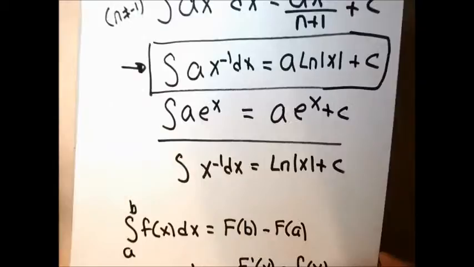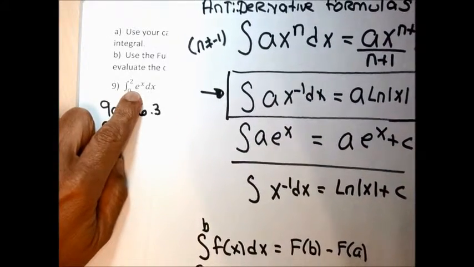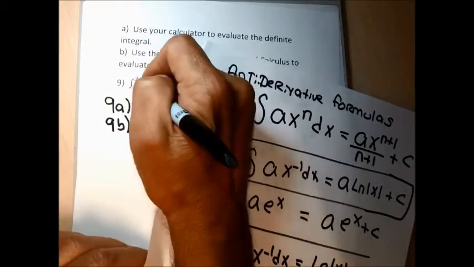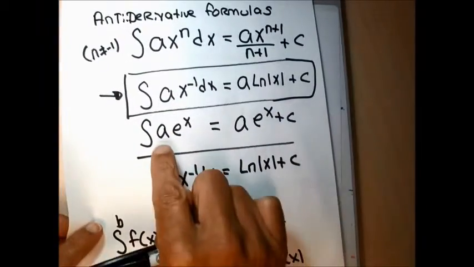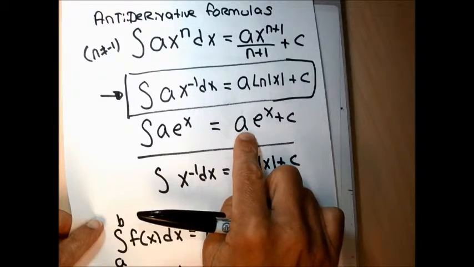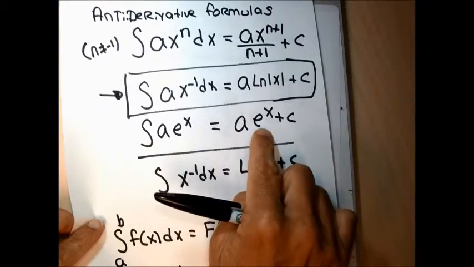So you have to integrate or find the antiderivative of e to the x. You're really finding the antiderivative of 1e to the x, and the antiderivative of 1e to the x is just 1e to the x. This a stays, this e to the x stays.